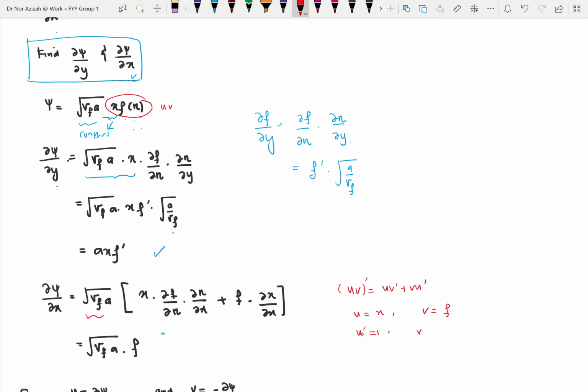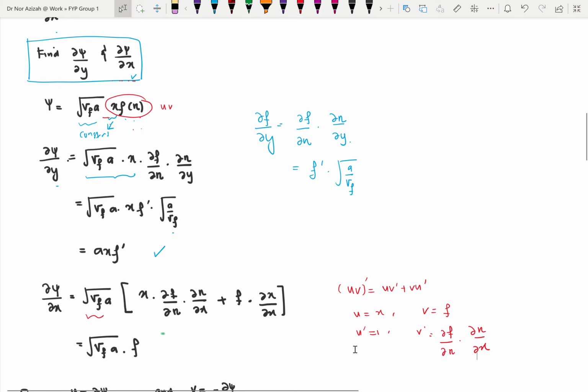So v prime, if you need to differentiate with respect to x, it will be like what we did here. Okay, del f del eta, del eta del x. Now differentiate f with respect to x, because f is in terms of eta and eta is in terms of, you will see, actually y only.